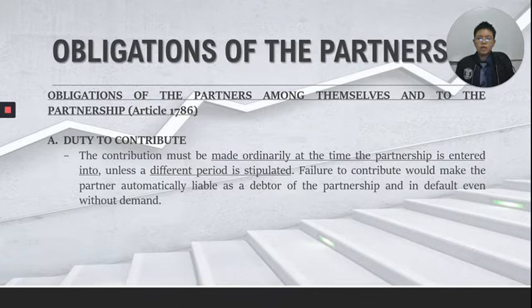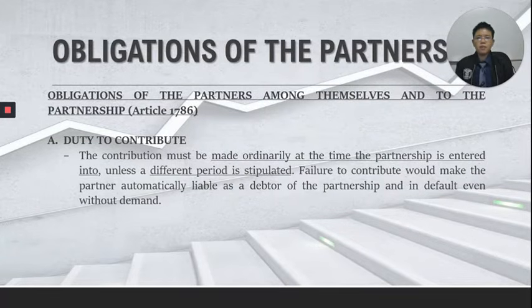So anyway, if there is failure to contribute, the partner will be automatically liable as a debtor. Hindi na kailangan mag-demand ng partnership na magbigay siya ng contribution. Automatic debtor na siya. Automatic in default na siya. So remember again in your RFBT1 in obligations, anong sabi? Kailan nagiging default ang isang debtor?